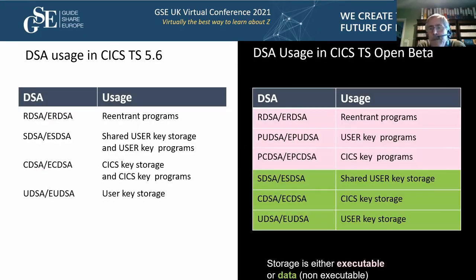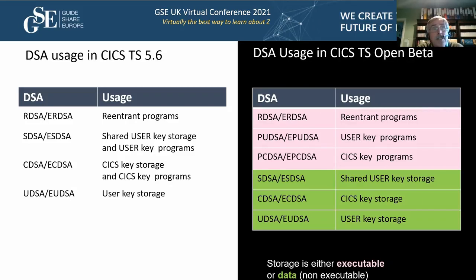In order to implement this, we've had to make a change to the storage areas that are used by CICS. Some of the storage areas were used in the past, both for data and for program storage.